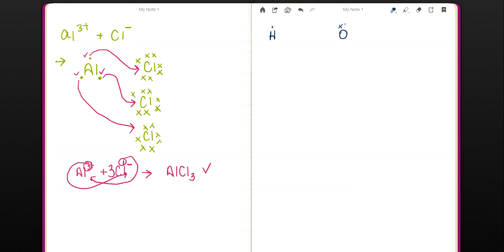Oxygen has 6 electrons like we did earlier: 1, 2, 3, 4, 5, 6. Therefore, you would obviously need 2 hydrogens to complete the octet here.